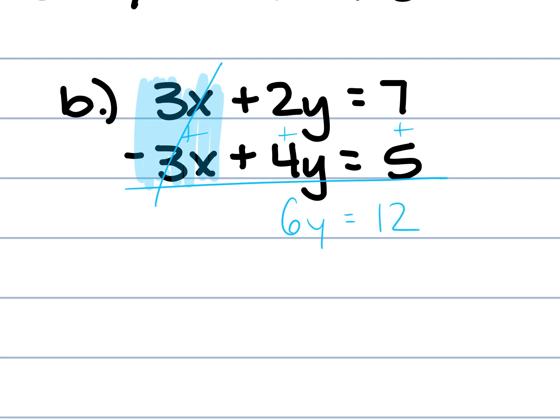Christian, what would I do next to solve? Divide by 6. So y equals 2.